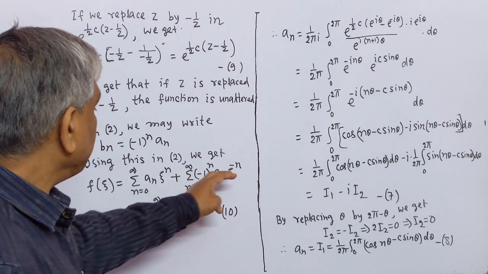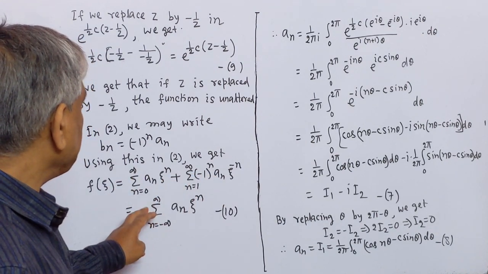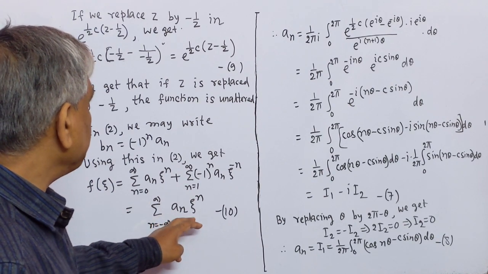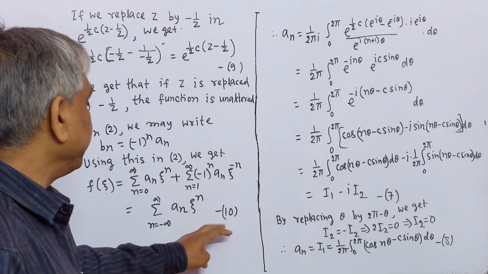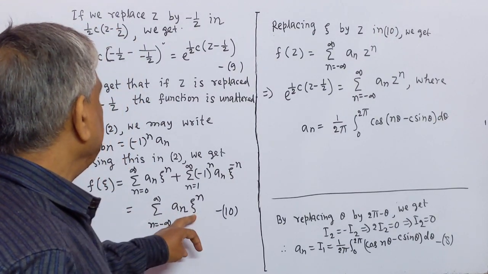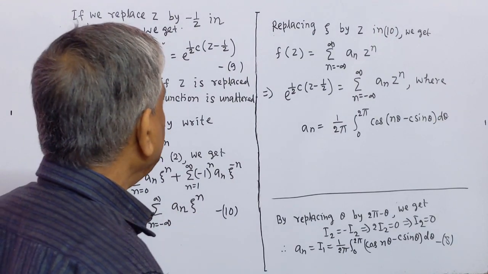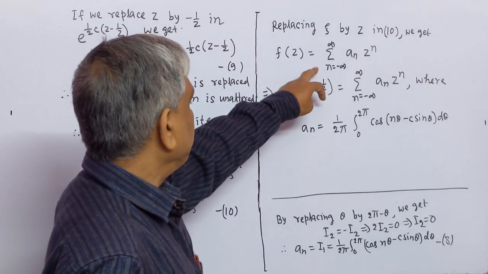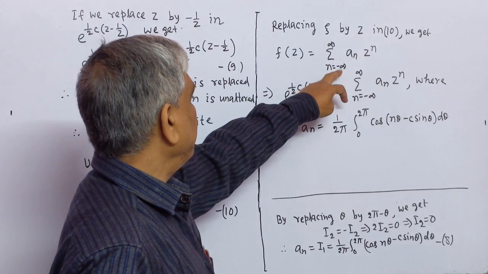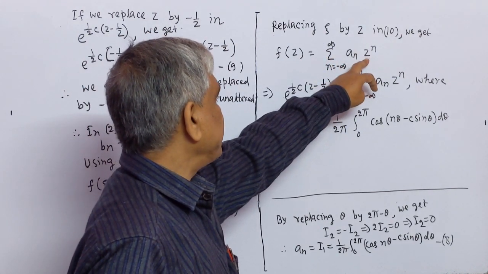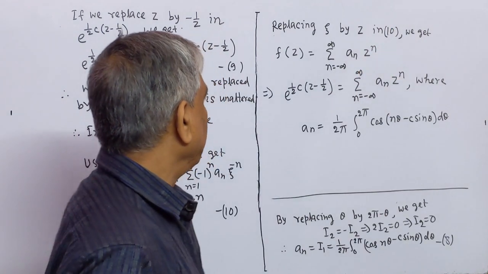Taking two terms together, we may write Σ (n=-∞ to ∞) aₙ ξⁿ. This is number 10. Replacing ξ by z in 10, we get f(z) = Σ (n=-∞ to ∞) aₙ zⁿ.